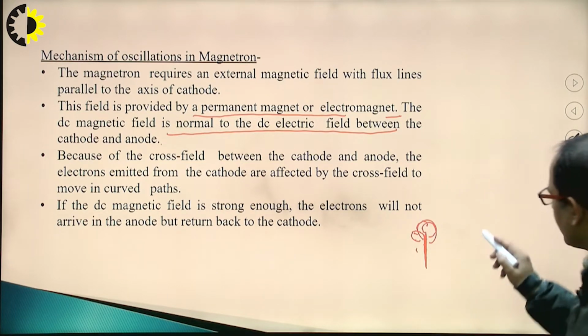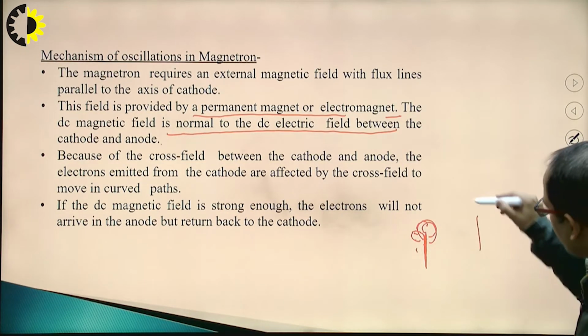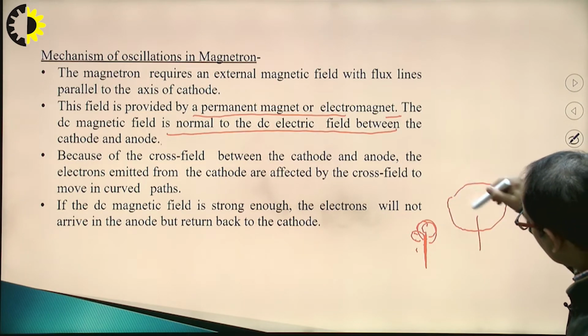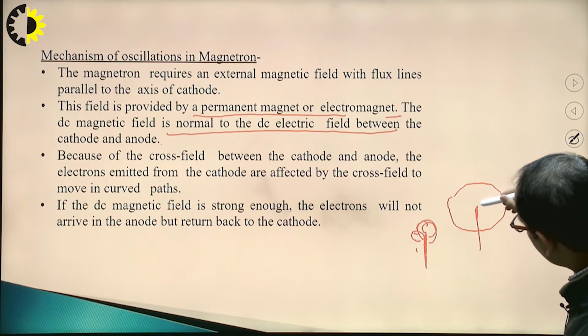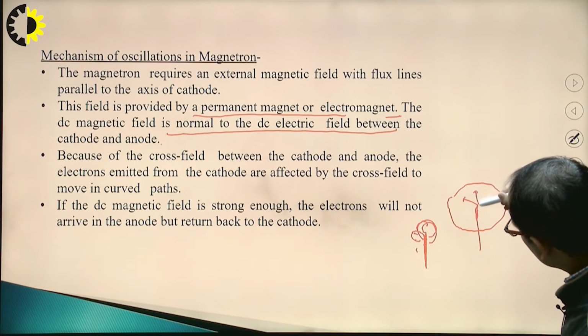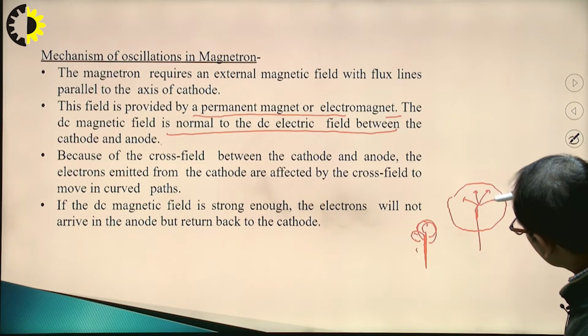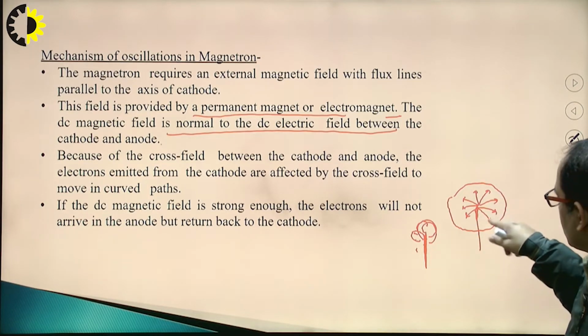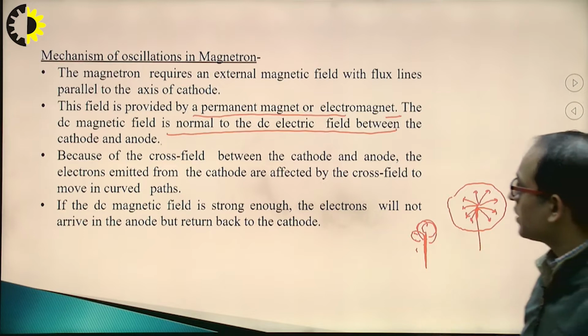Now if I say this cathode is here and I have surrounded the cathode by an anode, now these electrons which are generated by the cathode will go to the what? Will go to the anode side, and this anode is providing what?